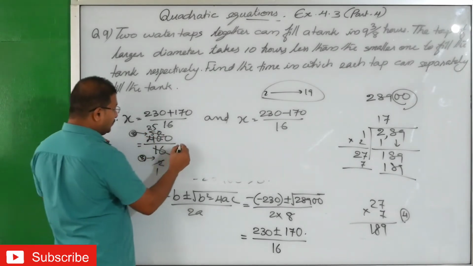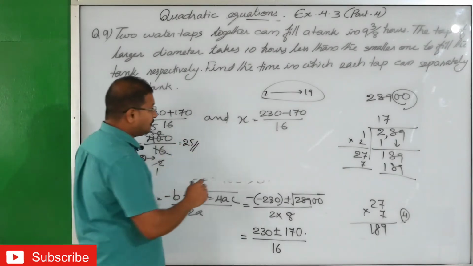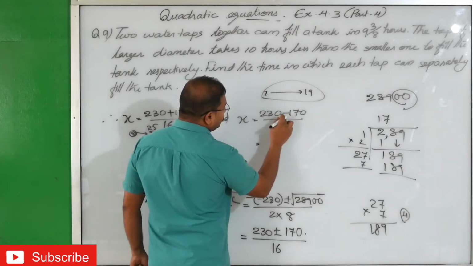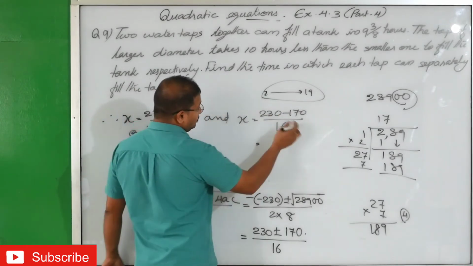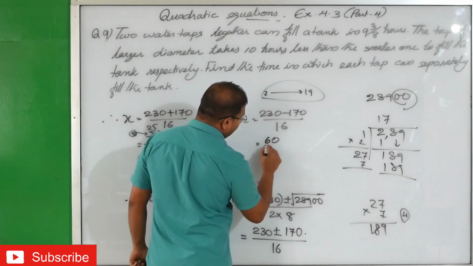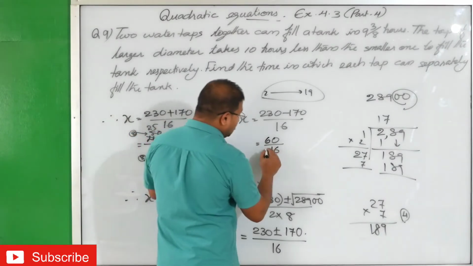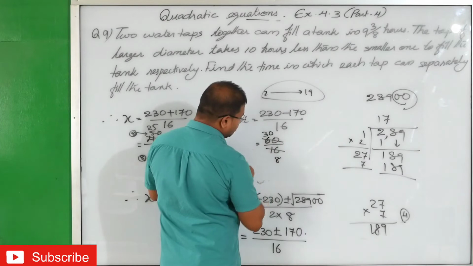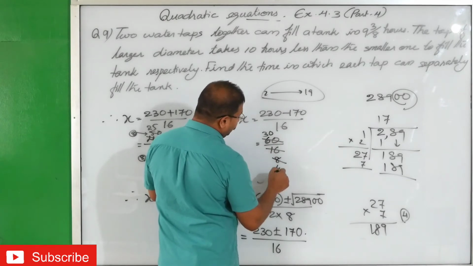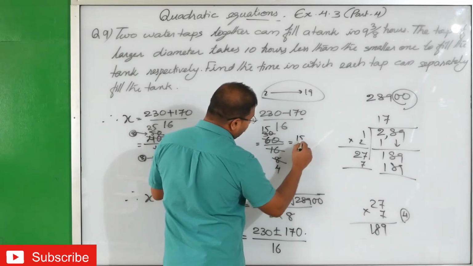That means we got here 25. Ready? Here what will you get? Equals 230 minus 170. What will you get? 60, isn't it? That means 60 by 16. By 2 will cancel. 2 8s are 16, 2 3s are 6, that means 30. Again by 2. 2 4s are 8, 2 15s are 30. So we got it now, 15 by 4.